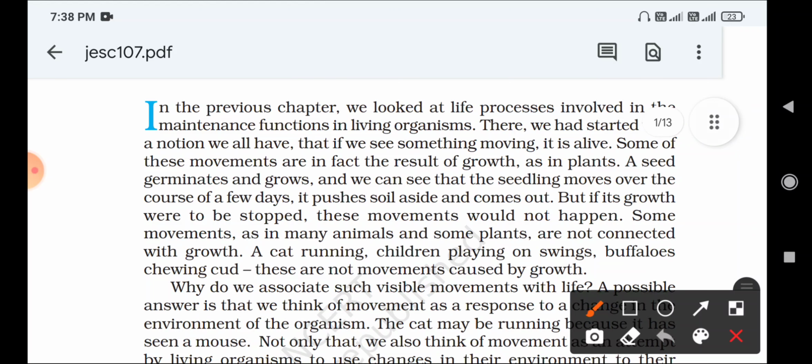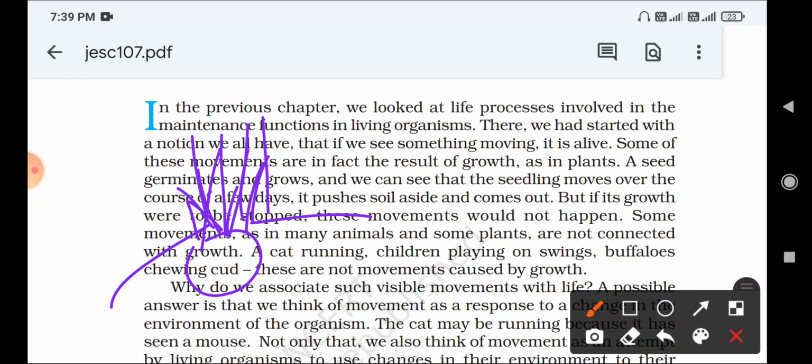The seed germinates with water, the soil is pushed aside, and the shoots come up above the earth. This is called the germination of the seed.